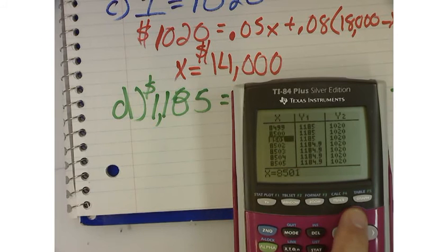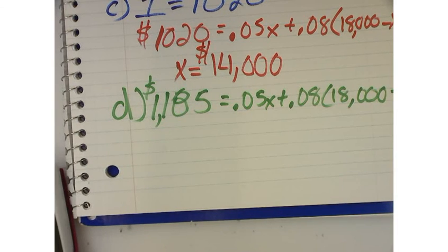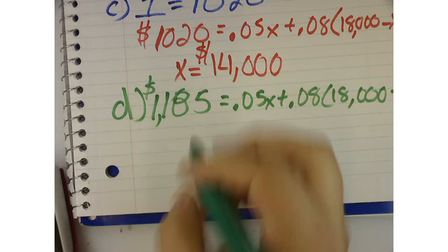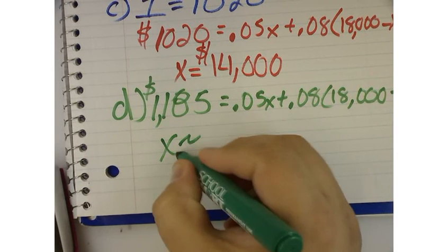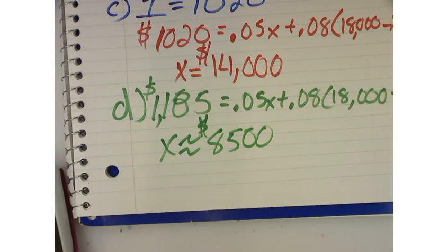But 1185 starts at 84.99, 8500, 8501. What would be a good answer to say? 8500? Sure. We could say this happens at about 8,500. So somebody tell me in regular English, what did we just do?